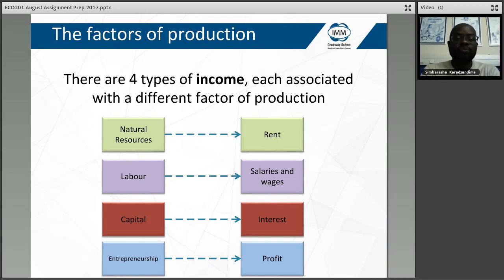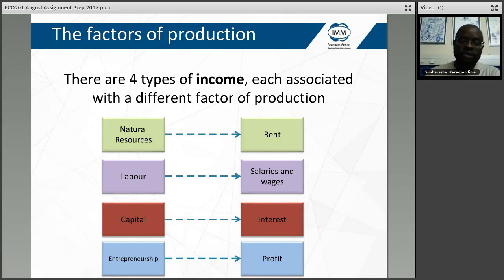Entrepreneurs are the people who are able to identify gaps in the market, take risks, and forego the comfort of their daily job so that they can come up with new innovations and new inventions. The remuneration to entrepreneurship is profit. For the economy to grow, you need a lot of entrepreneurs.